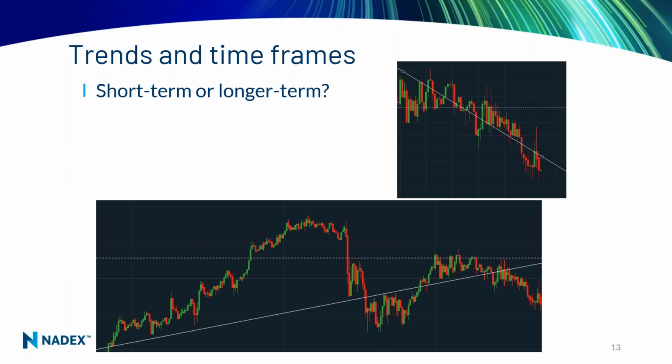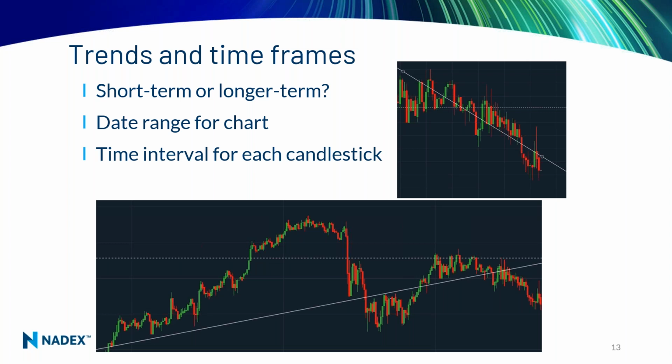This actually looks like it's in an uptrend. So that concept of time frame really becomes important. If I'm looking at a much shorter time frame, I might be in a short-term downtrend, but this could be part of a longer-term uptrend. It's all putting it in perspective.